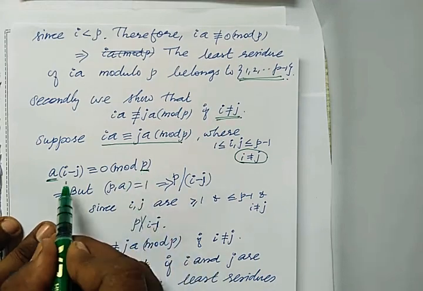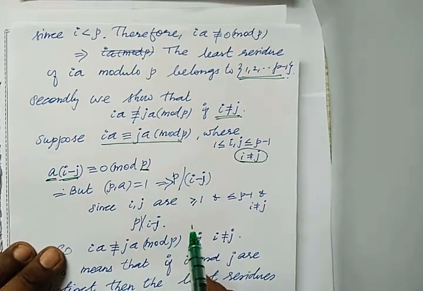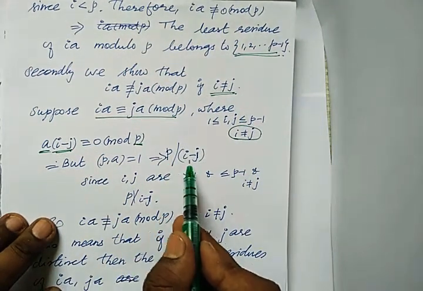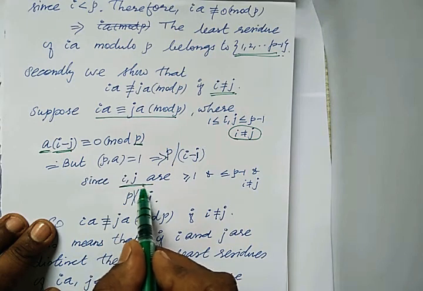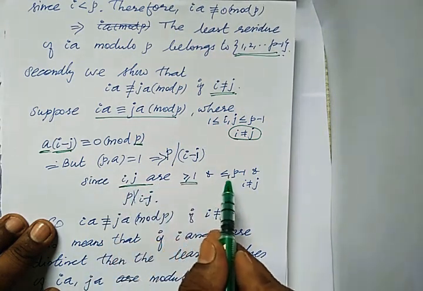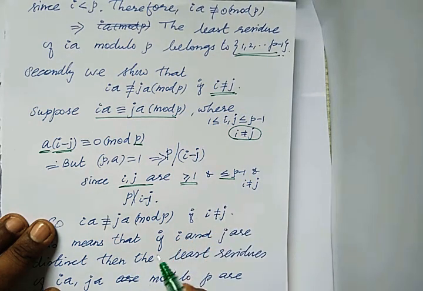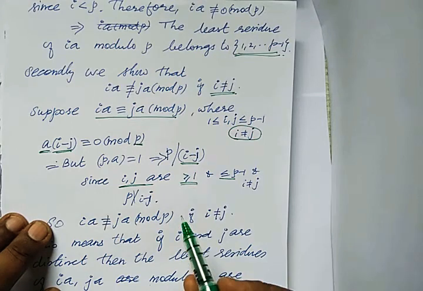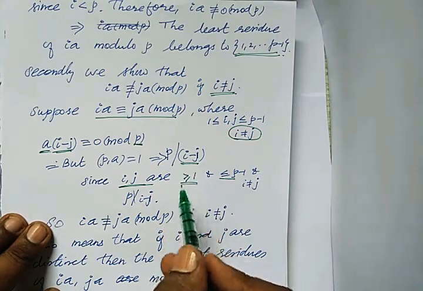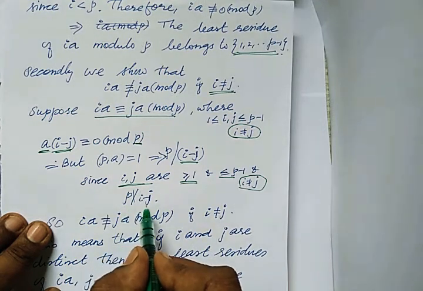So P must divide I minus J. But P cannot divide I minus J because both I and J are greater than or equal to 1 and less than or equal to P minus 1. So the difference will be less than P and won't be 0 because they are distinct. So P cannot divide I minus J.